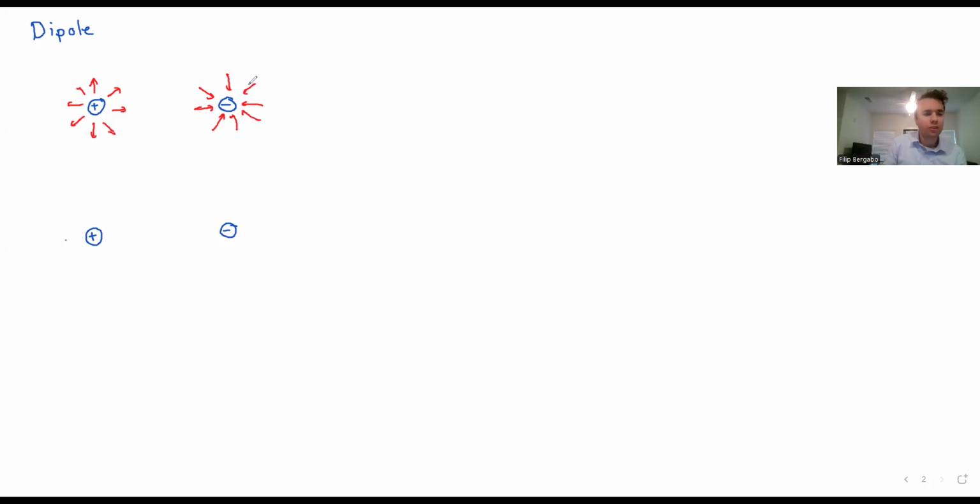And at other locations, let's see, here in the middle, it's again going to go away from the plus charge and also towards the minus charge. So it's going to be a fairly strong electric field there in the center. And these other ones, again, they can point away from the plus but towards the minus. So it's going to look something like this.